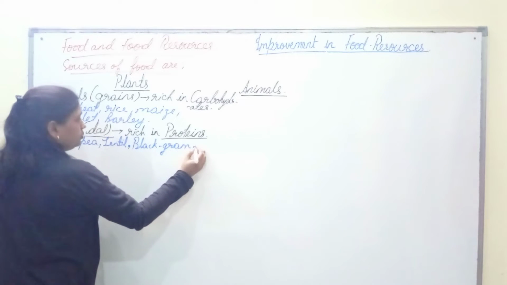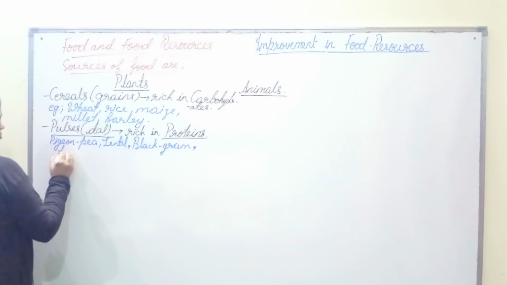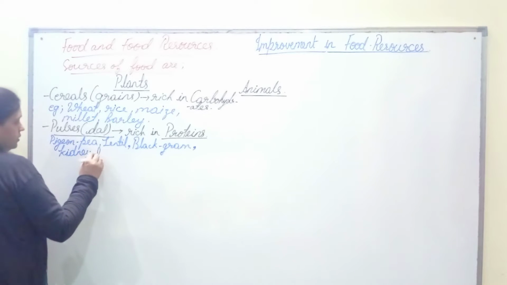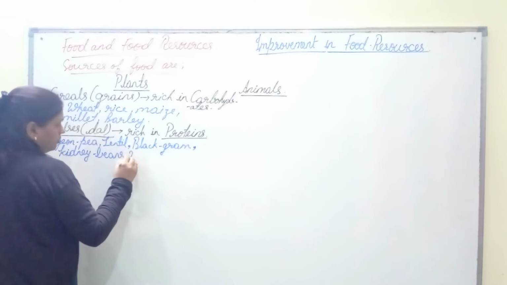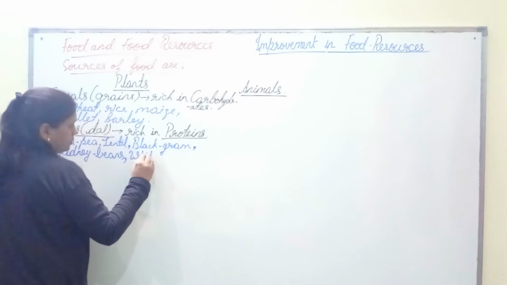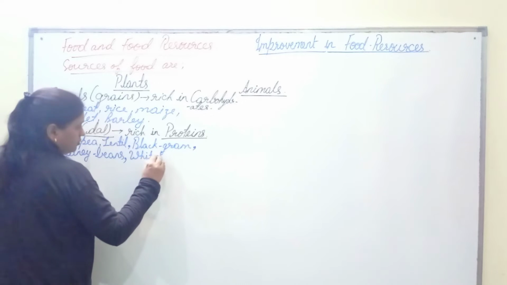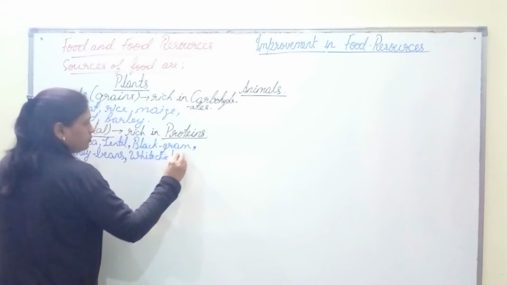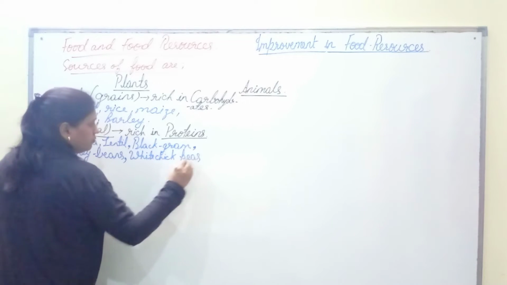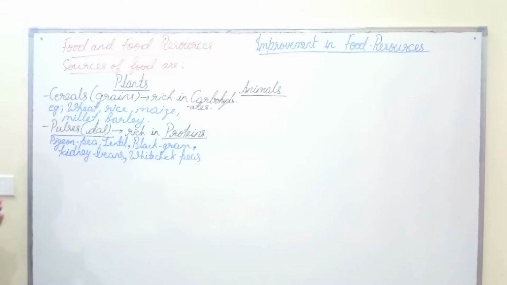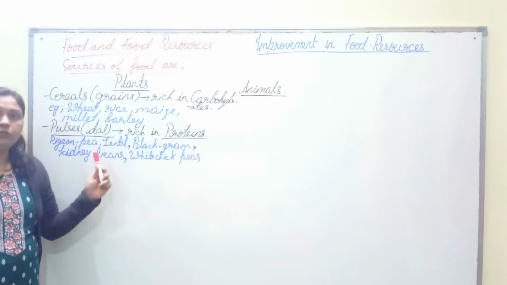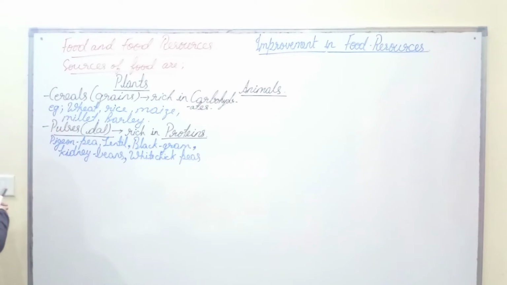Other examples include kidney beans, that is rajma, white chickpeas, that is kabuli chana, etc. So all these dals are included in the pulses.